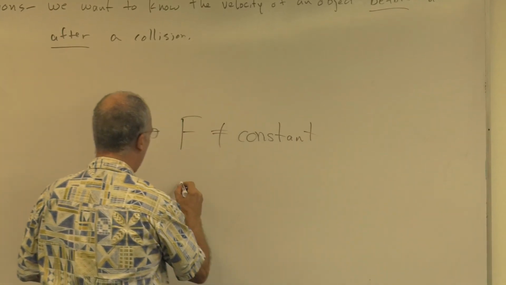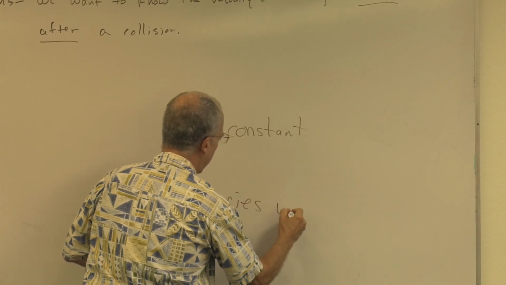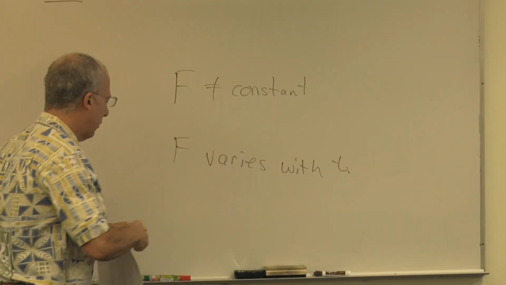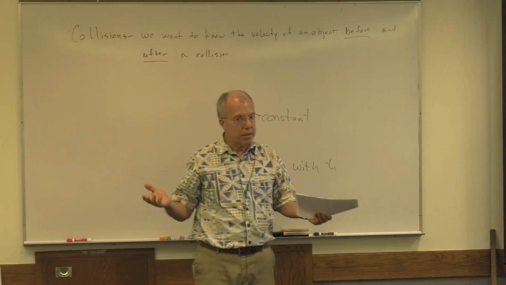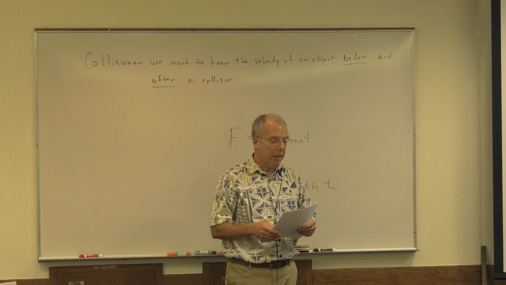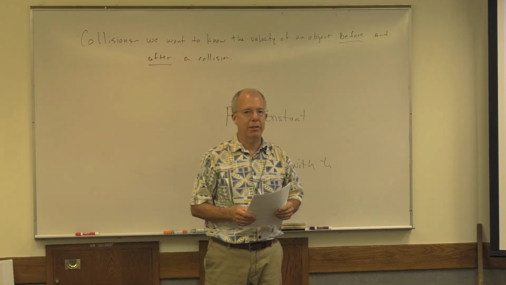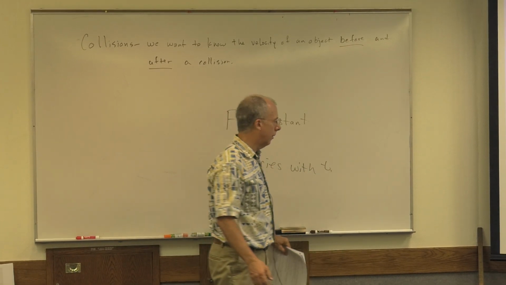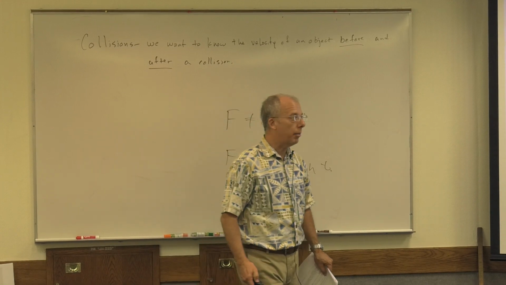In fact, the force varies with time. If the force is not constant, of course, that means the acceleration is not constant. If the acceleration is not constant, can we use the kinematic equations? No. So now what are we going to do? We can't use the kinematic equations anymore to solve our problems.